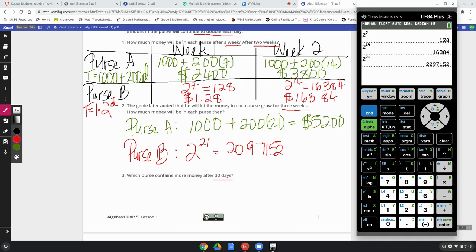Okay, so this is over 2 million pennies, it looks like, right? Yep. Which in terms of money gives us $20,971.52. Not bad, right? Started off as pennies and look where you are.